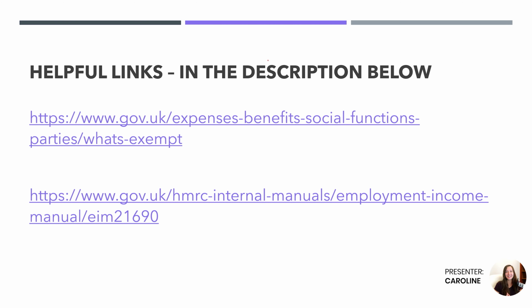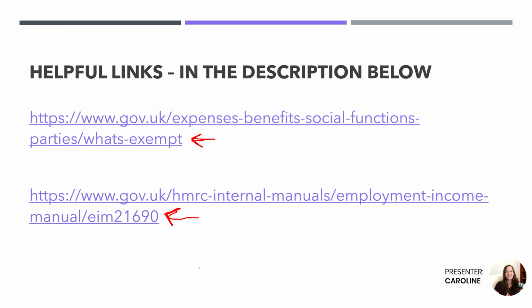So here are some helpful links which I'll also put in the description below. The first one is what's exempt, and this is the nice side of the gov.uk website where it's all more clearly laid out, bigger font, all that sort of thing. They've actually styled it. The second link is HMRC's internal manual, which is what they use to review certain cases and get guidance and basically help advise taxpayers on what they should do or whether something is allowed or not.